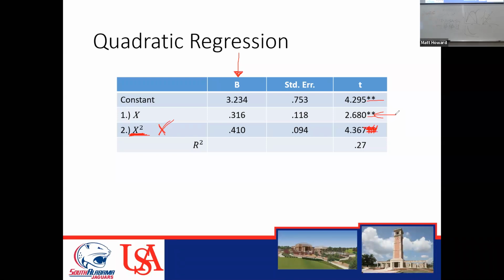We only ever ignore a significant linear effect if we're doing quadratic regression and our quadratic effect is statistically significant. That's the only time we wouldn't interpret the linear effect, and only the linear effect associated with that quadratic effect would be ignored.